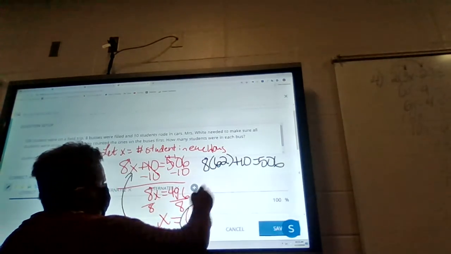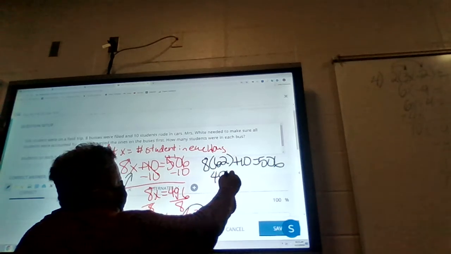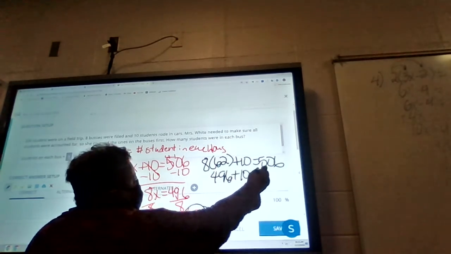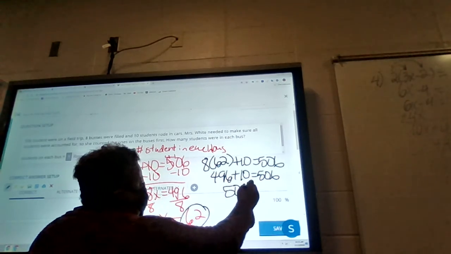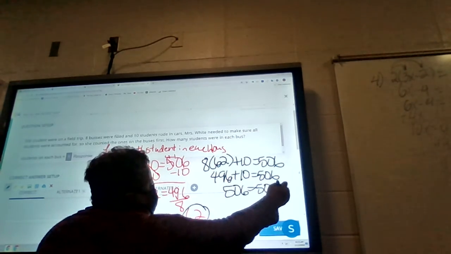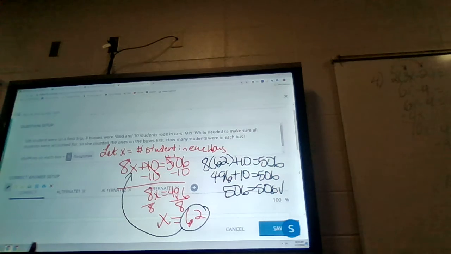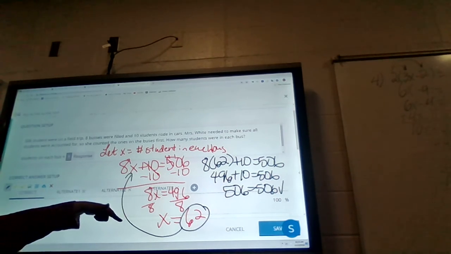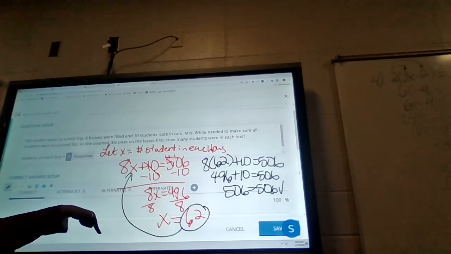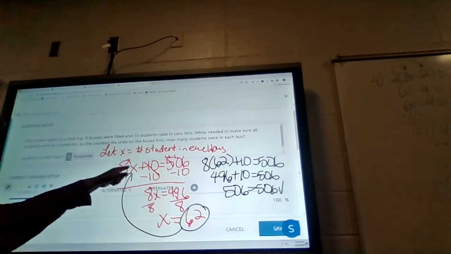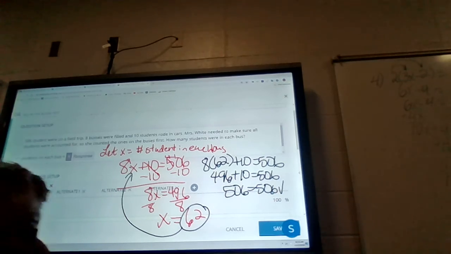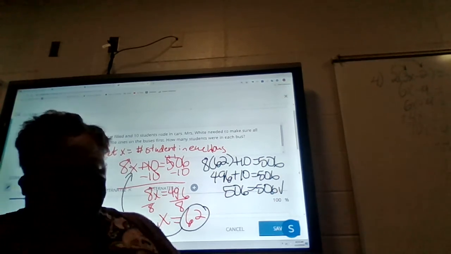So 8 times 62 is 496 plus 10. And when I add these together, 506 equals 506. So while you're learning to do these complex equations, you can always go back and check your answer. Once you solve for x, put it back in your equation, and that'll tell you whether or not you did it.